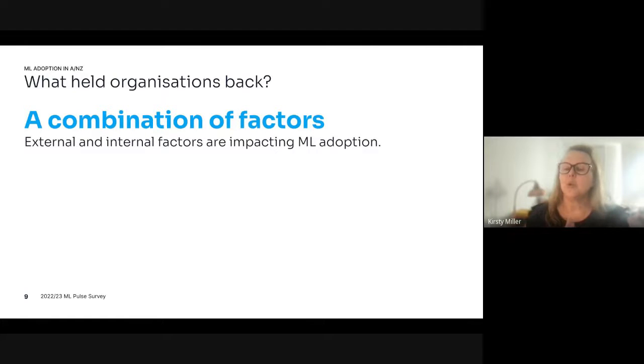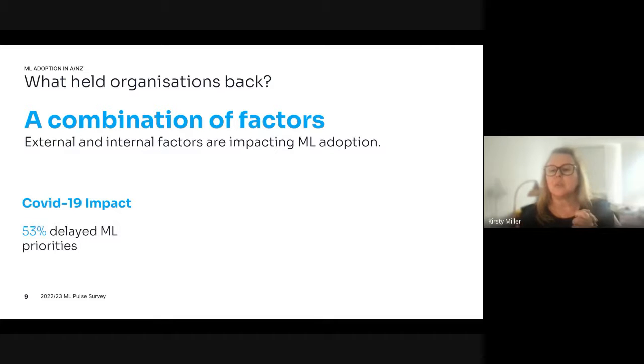So when we look at the questions and the data from the survey, there's actually a combination of factors. One of them is we deliberately asked organizations this year on how COVID-19 had impacted their plans or their machine learning priorities. And 53%, just over half of the sample, said that COVID-19 had delayed their implementation of machine learning.